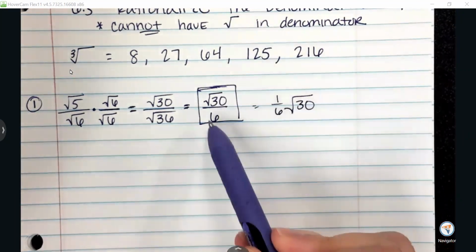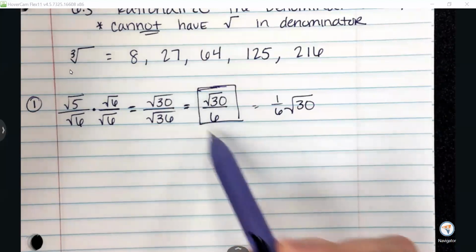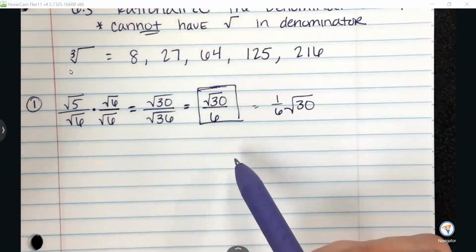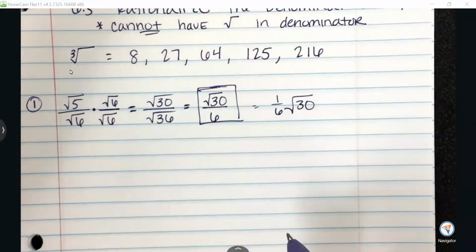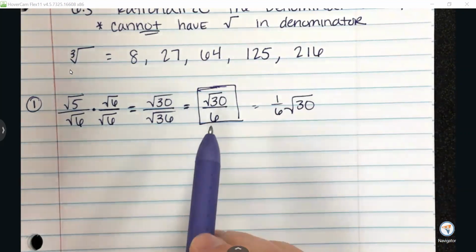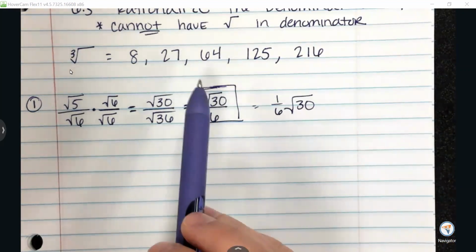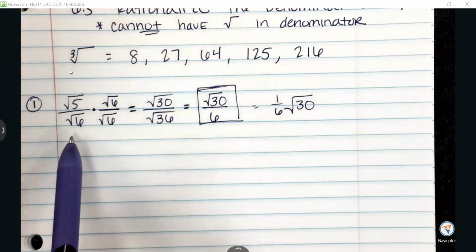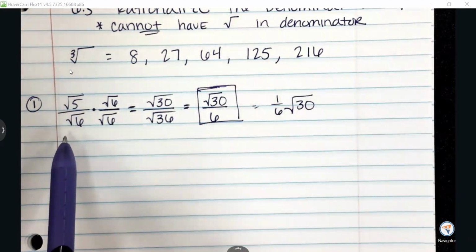Because my 6 is outside a radical, I can't simplify inside with outside. Your question, why wouldn't you make it 1? Because it's not inside my radical. Can 5 be divided by 6? Then I don't want to make it one thing.